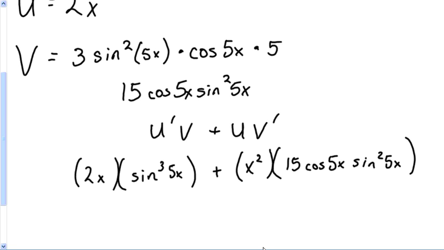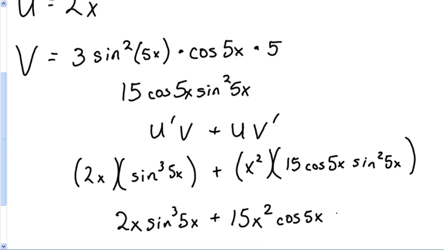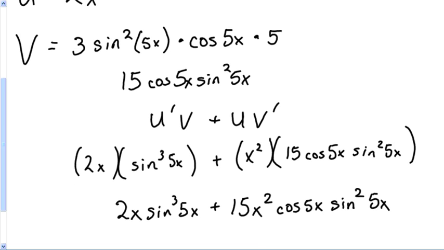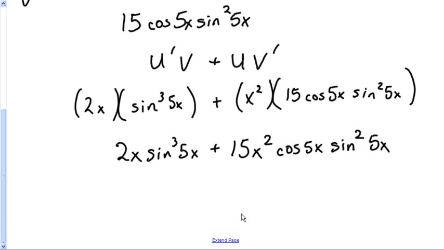Make the bad man stop. And so we've got, for a final answer, 2x sine cube 5x plus 15 x squared cosine 5x sine square 5x. And yes, we could hardly factor anything out of this.